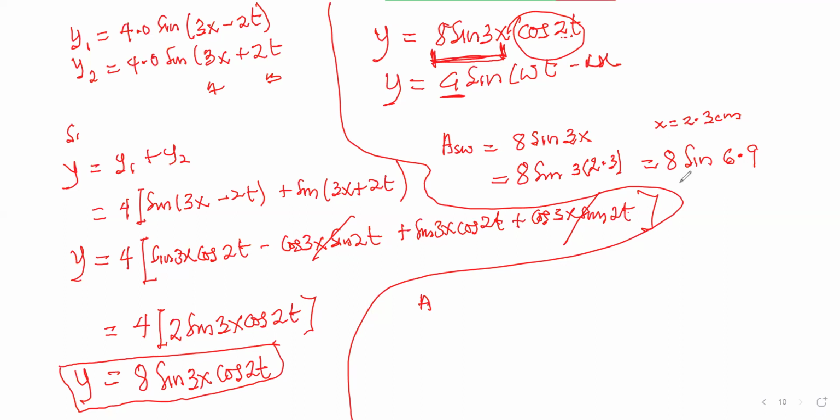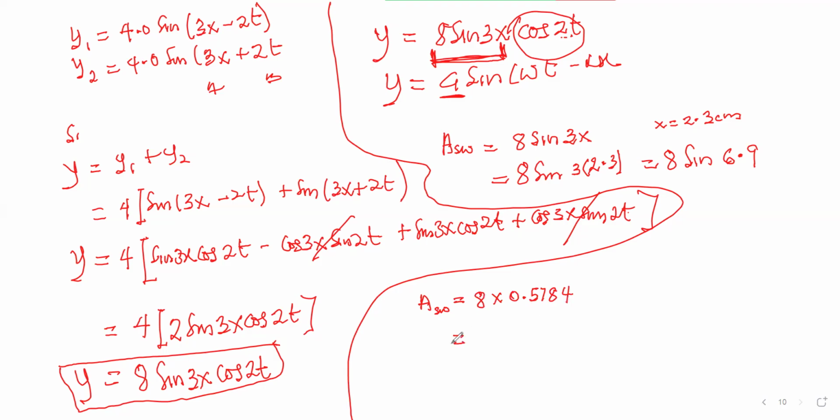What are you making for sine of 6.9, class? Yes, what is the sine of 6.9? Anyone? Please, I had 0.5784. Good. So we have 8 times 0.5784.